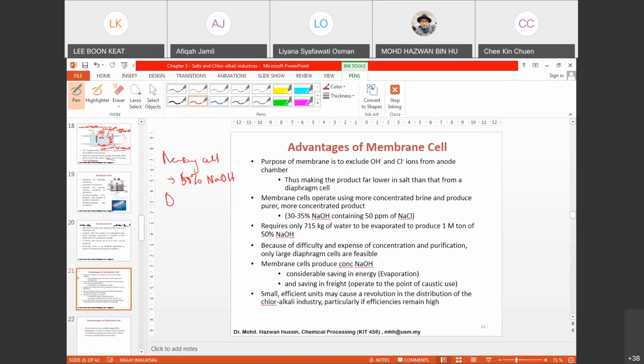And then the diaphragm cell produces around 18% sodium hydroxide. The membrane cell produces around 30 to 35% sodium hydroxide. Of course, mercury will be the highest, but again, as I said, mercury is the problem.